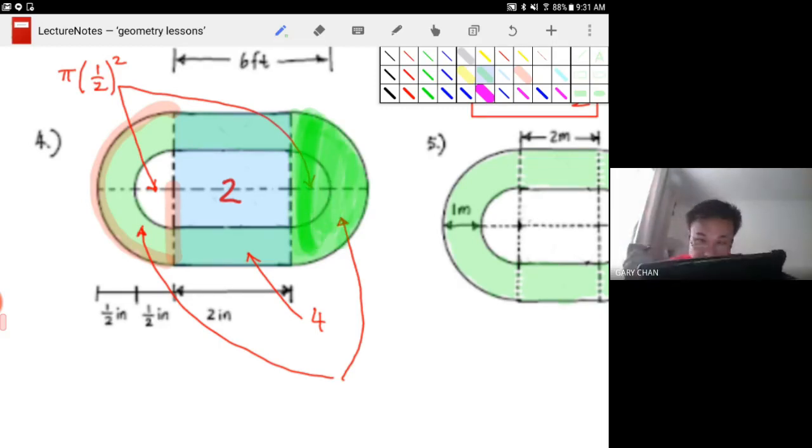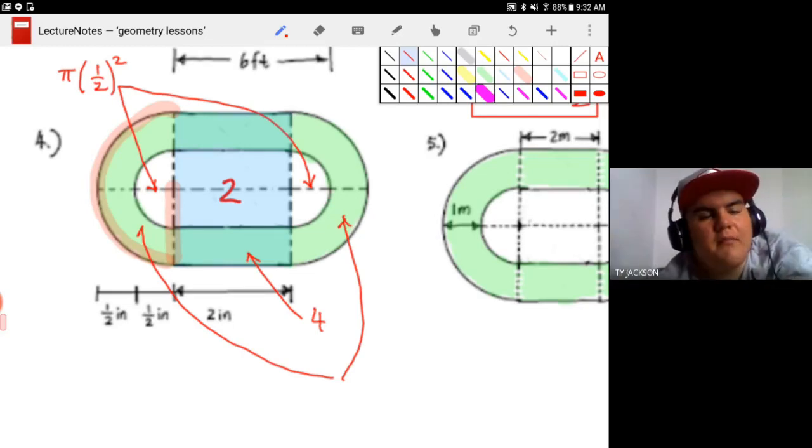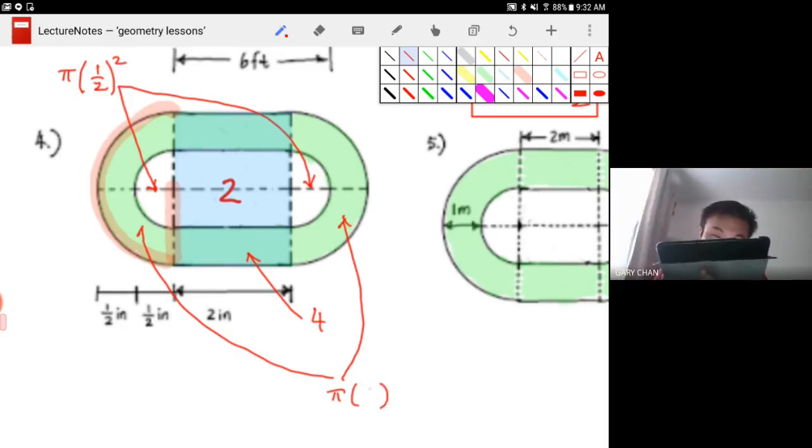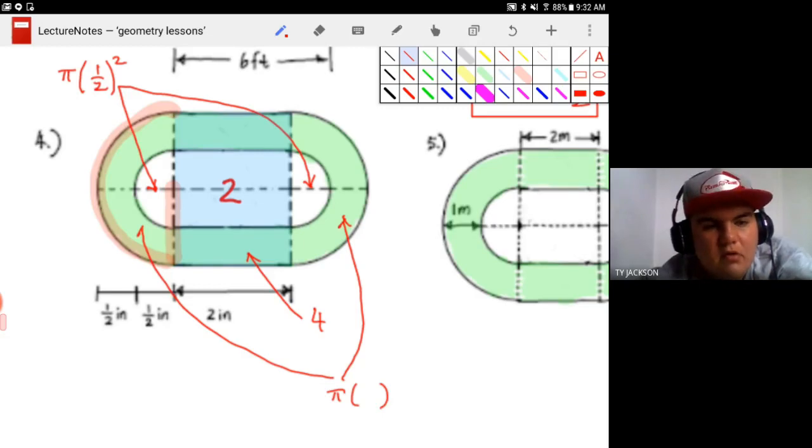So if we add the 2 semicircles together, what do we get? You get one giant circle, right? So it's pi times, what's the radius, Ty? So it's pi times 1/2 squared times 2.